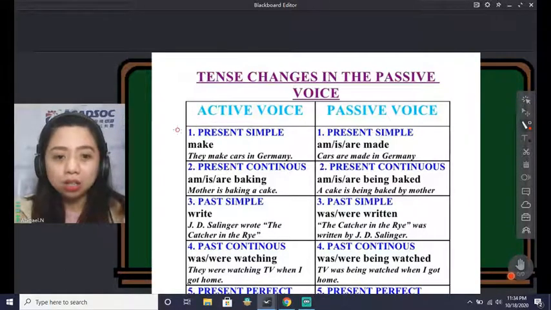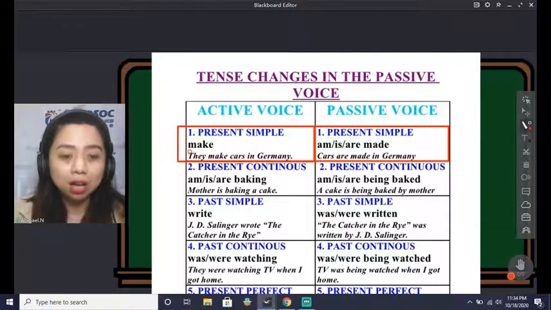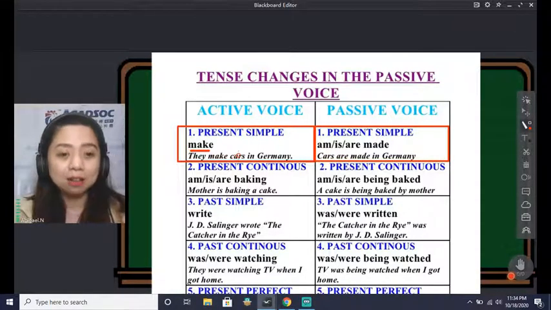Okay, so let's start with the simplest one. And we call it present simple, right? And in passive voice, of course, it's also in present simple. Okay, look at the verb here, make. The verb make, it's in present simple tense. And for the present simple here, we have am, is, are, and then made.